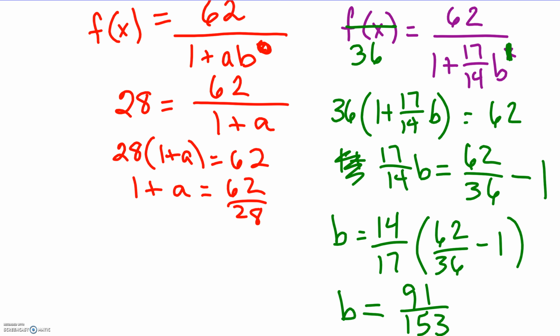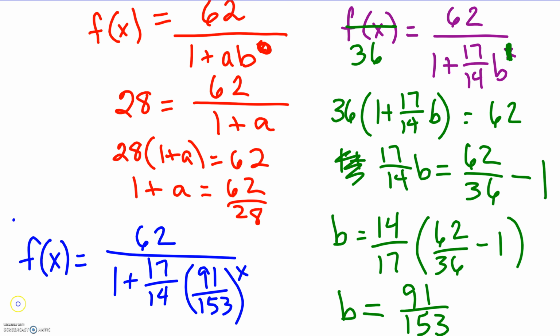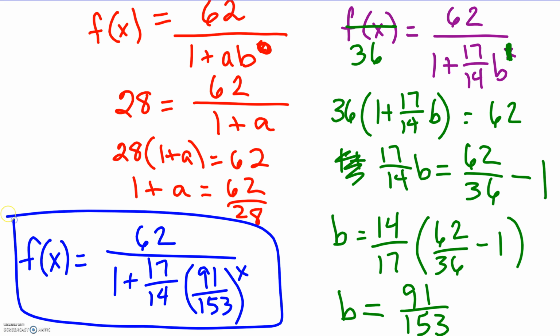So your final answer is f of x equals 62 over 1 plus 17/14 times 91 over 153 to the x power. And that's what you're looking for. It said, write a logistic function that satisfies the given equations, and there it is. So you are finding A, B, and C.